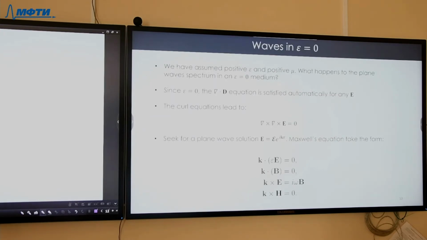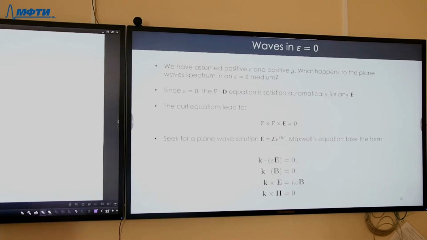We have already done one Fourier transform of Maxwell's equations, the time Fourier transform, where we got rid of all time dependencies. But now when we look for solutions in the plane wave-like form, we can make the second Fourier transform, from the coordinate r to the wave vector k, to the reciprocal space. And this is the form that Maxwell's equations take in the reciprocal space.